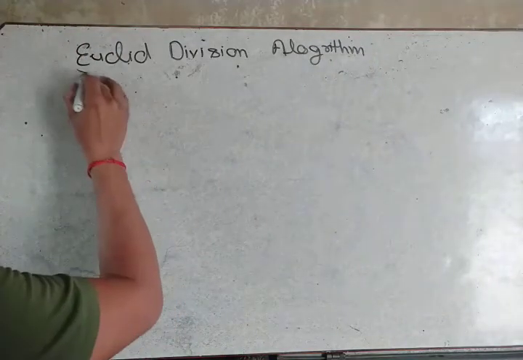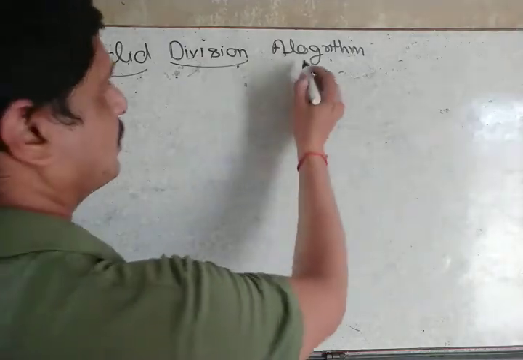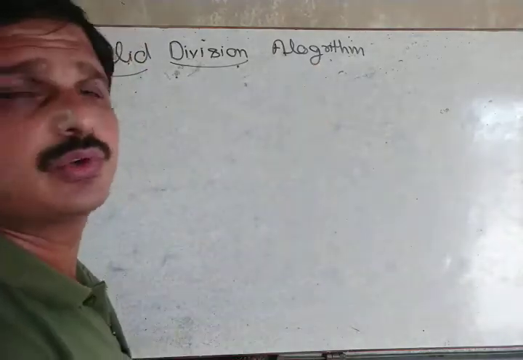Again, Euclid, name of scientist, division, you all know, concept of division, algorithm, steps, sequence of steps.